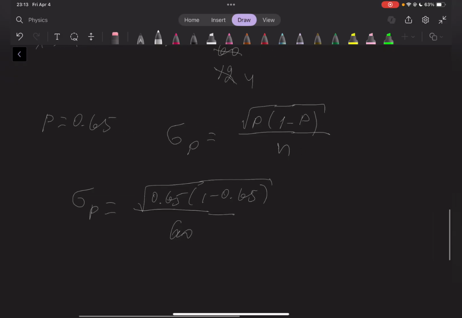So let's see. 1 minus 0.65 is going to be 0.35. So 0.65 times 0.35, I got 0.2275, and now I need the square root.